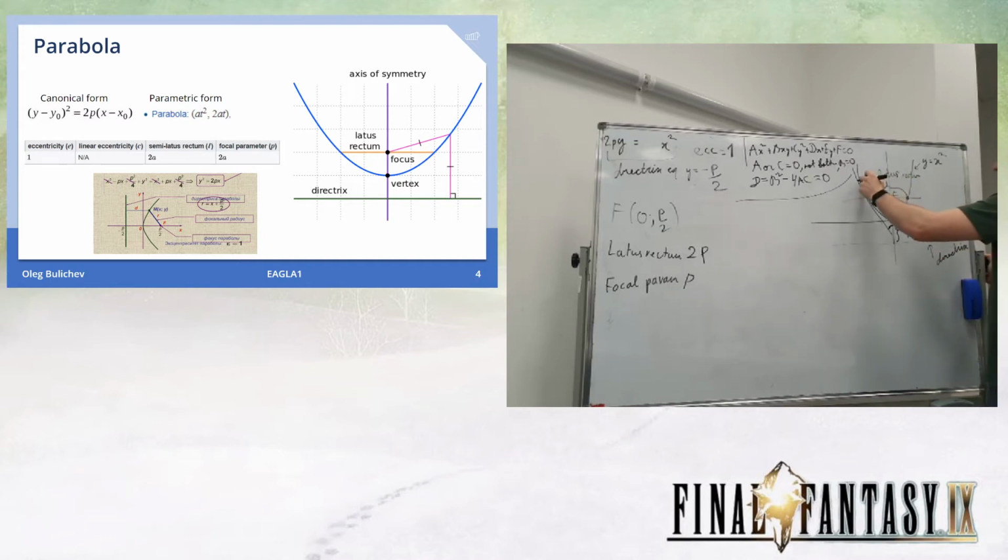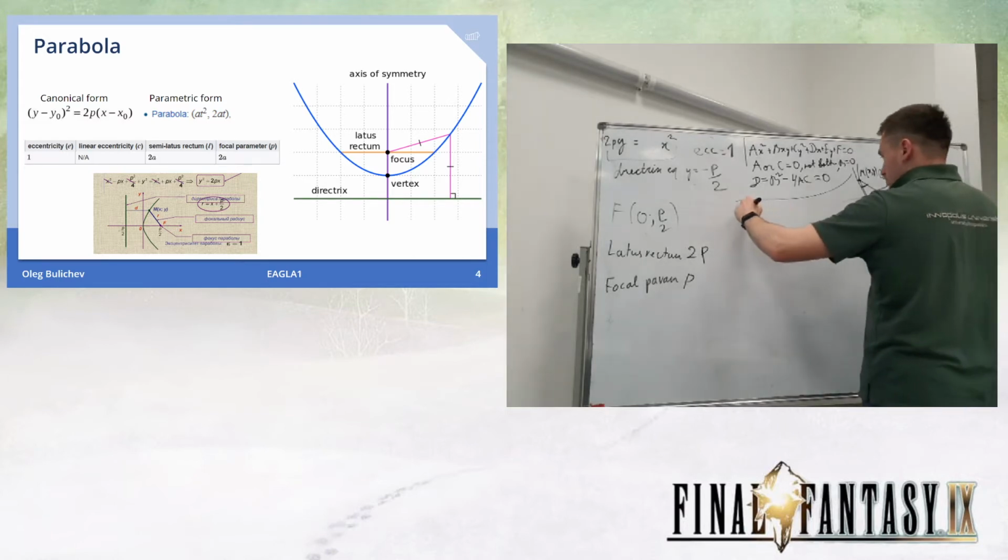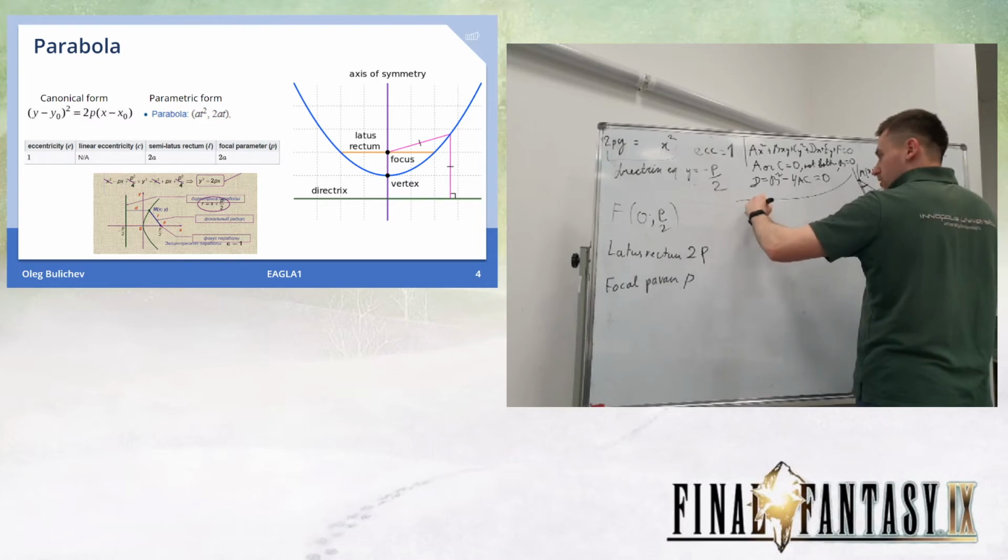So we can put this point M(x, y). So we have MF.